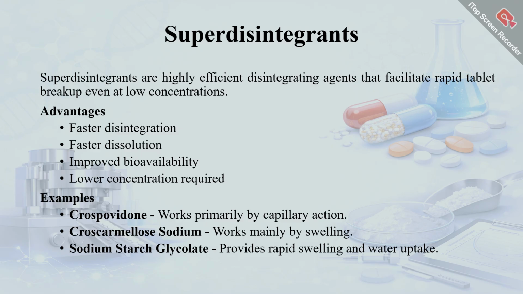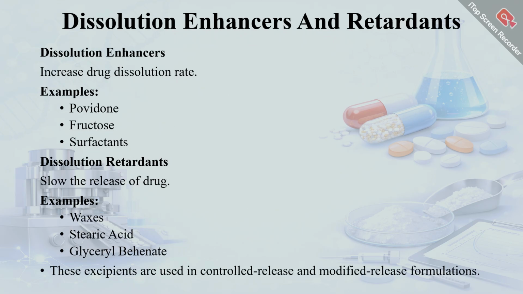See here, advantages of super disintegrants: faster disintegration, faster dissolution, improved bioavailability, lower concentration required. Examples are crospovidone, which works primarily by capillary action. Croscarmellose sodium works by swelling mechanism. Sodium starch glycolate provides rapid swelling and water uptake.